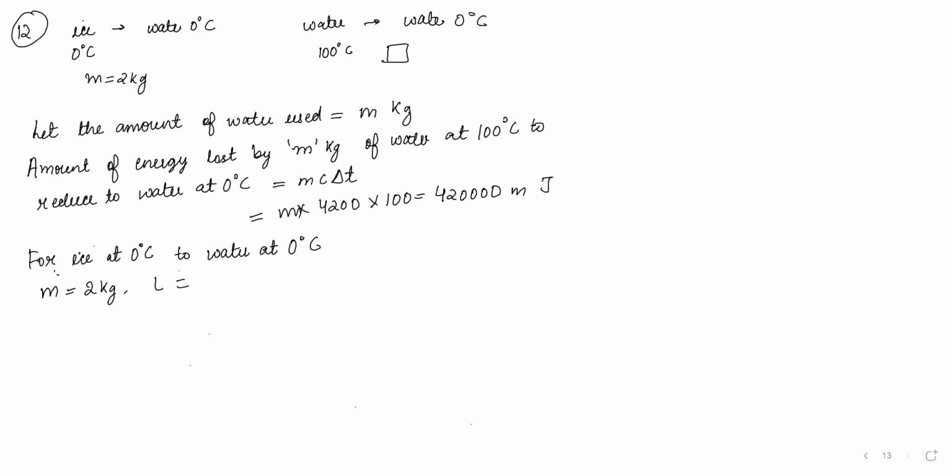So this is 336 joule per gram, which is equal to 336000 joule per kg. So write down what is energy, M into L, which is 2 into 336000. So this will be equal to 672000 joules.